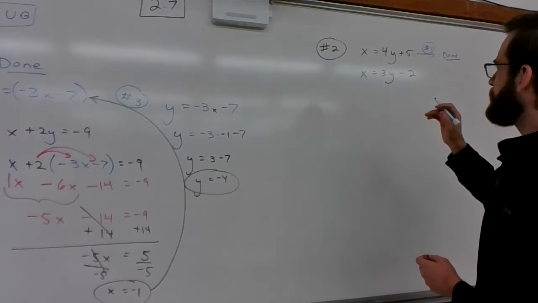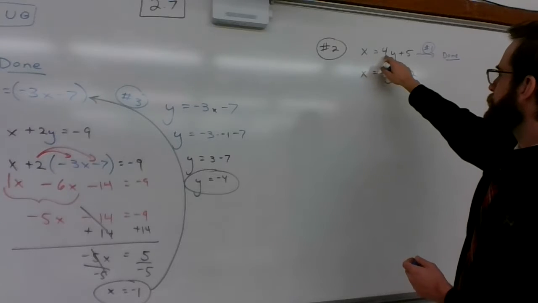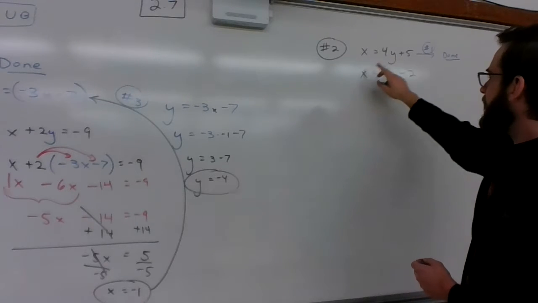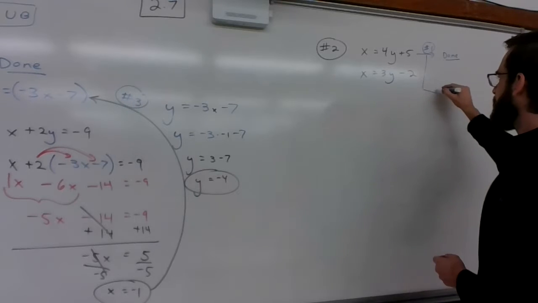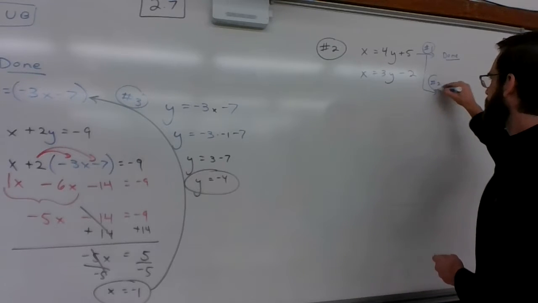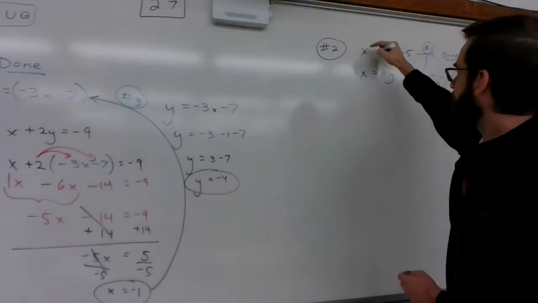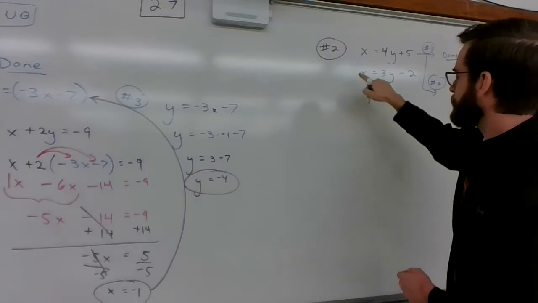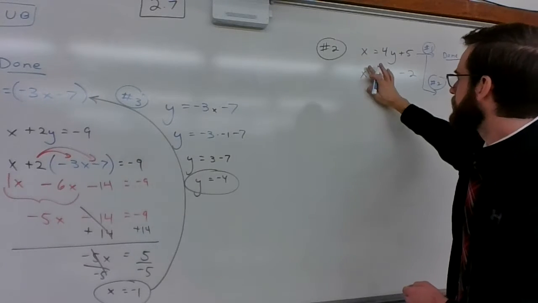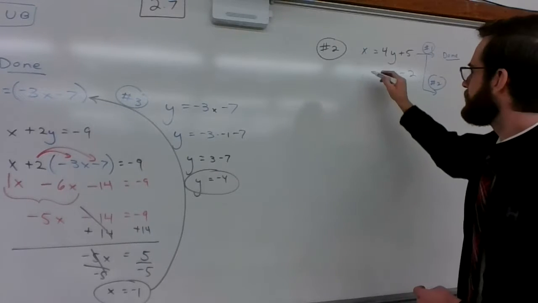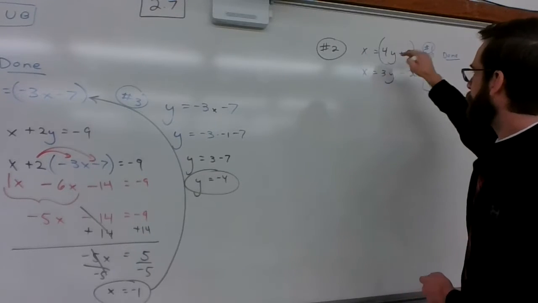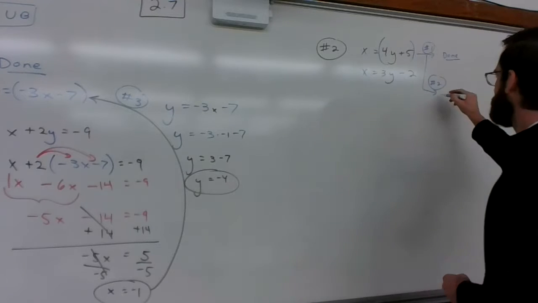So all I do is say, if x equals 4y plus 5 and x equals 3y minus 2, I then can set them equal to each other. I can say, take this x out and replace it with a blue x, the 4y plus 5.